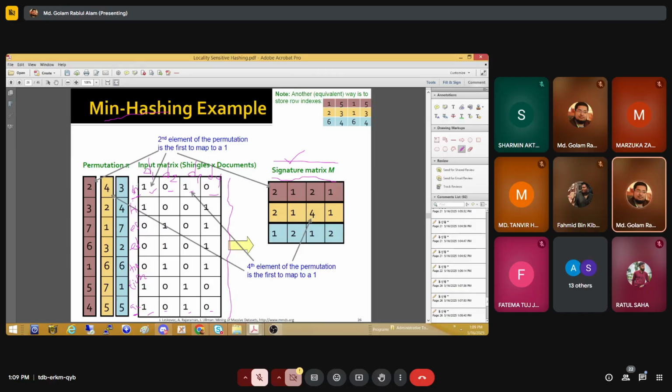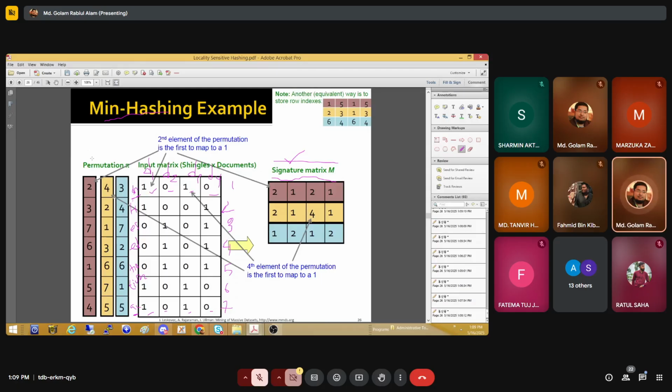Initially, we can consider this is one and this is two, then three, four, five, then six, then seven, this way.